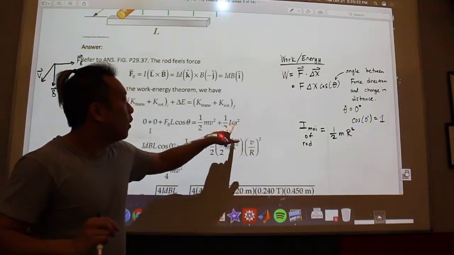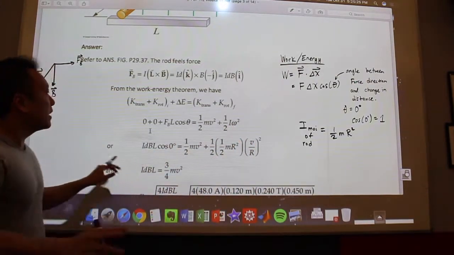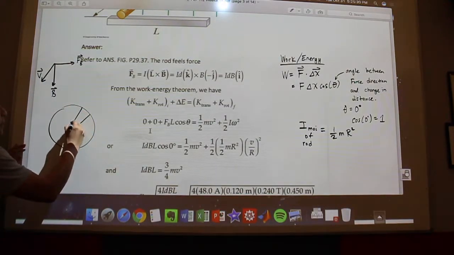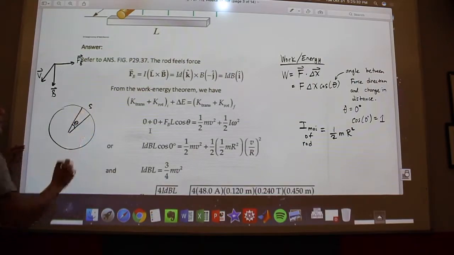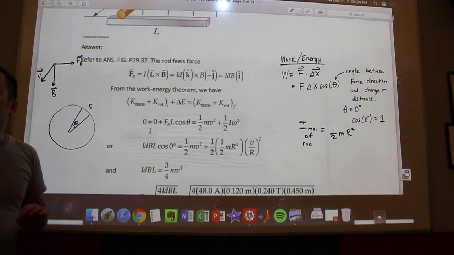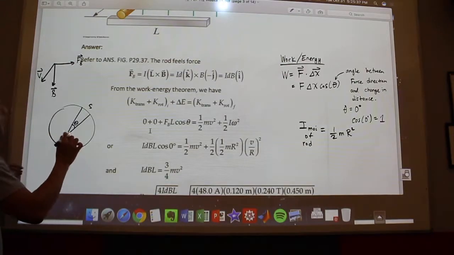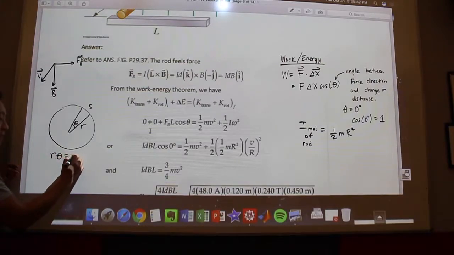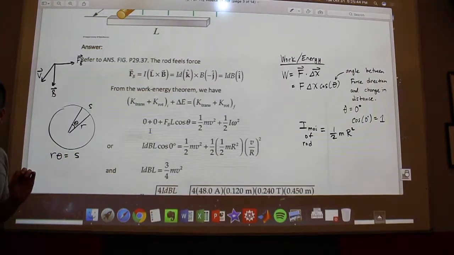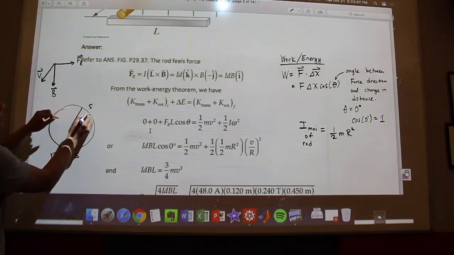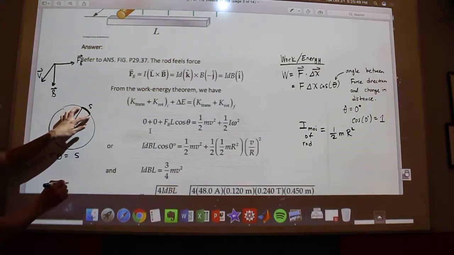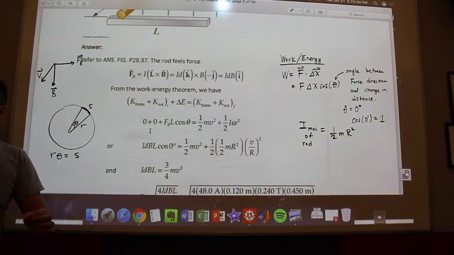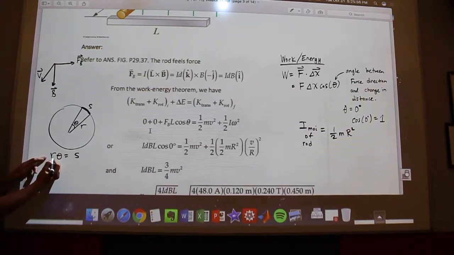And now what is omega? Well, let's review real quick. In a circle, we can find the arc length s by doing r times theta. So r times theta gives us the arc length s. That's the distance it travels along the circular path. If I take the time derivative, r is constant, that doesn't change.